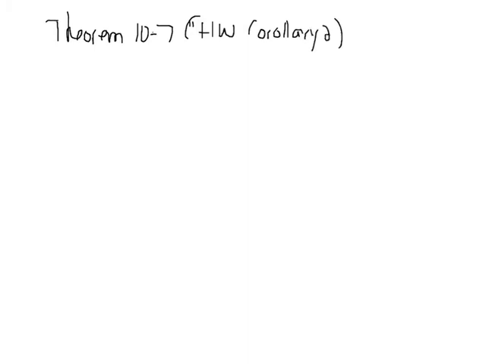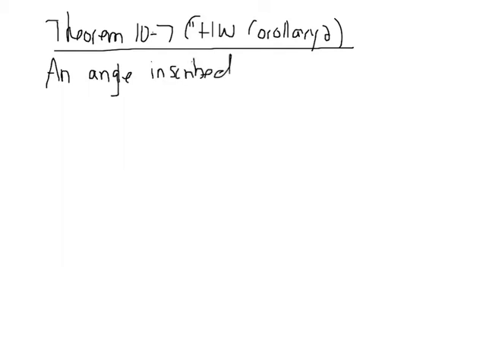Next one, theorem 10-7. This is homework corollary number 2, which states an angle inscribed in a semicircle is a right angle.